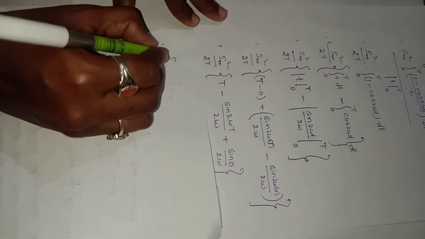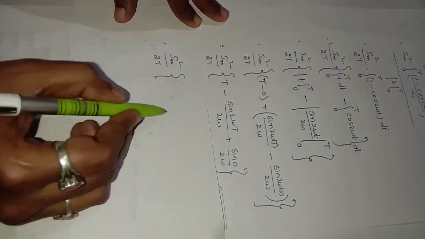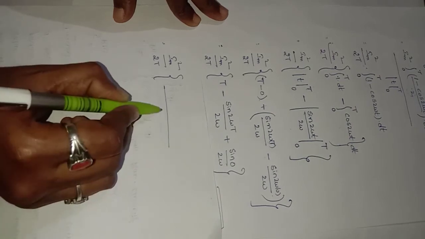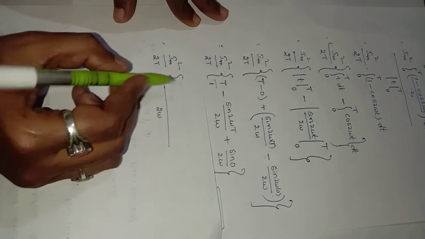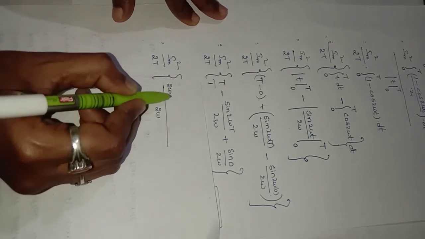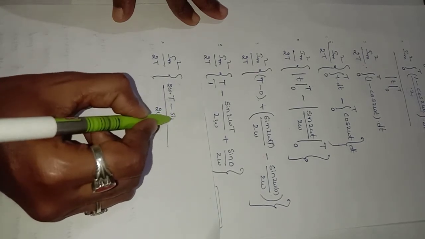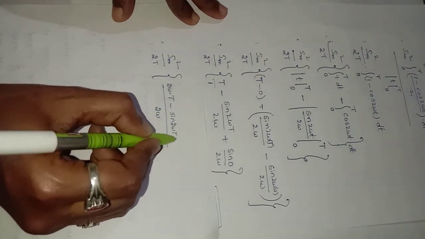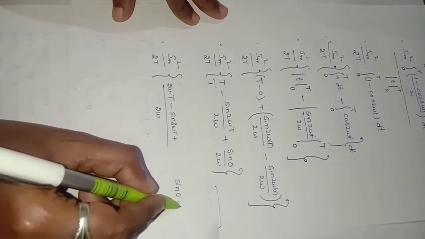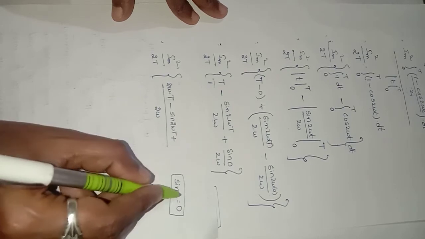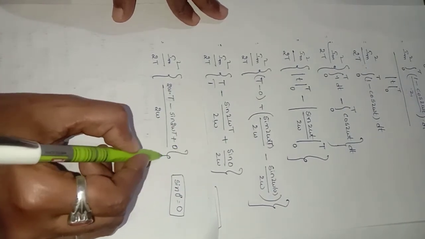That is equal to Im square by 2T. LCM is 2 omega. Here 1 times 2 omega, so 2 omega times T: 2 omega into T minus sin 2 omega T plus sin 0 value. What is sin 0? Sin 0 is equal to 0. We substitute sin 0 as 0.